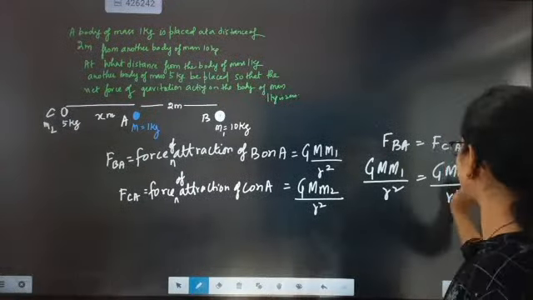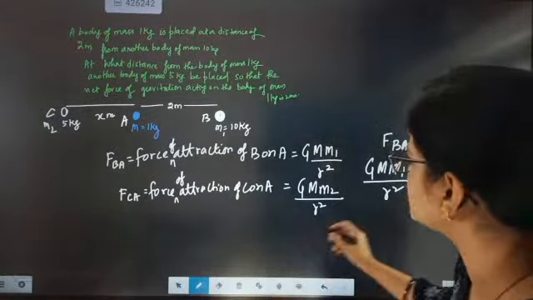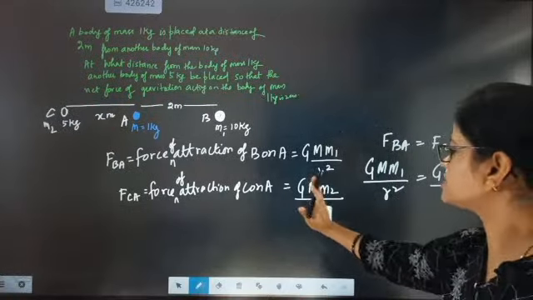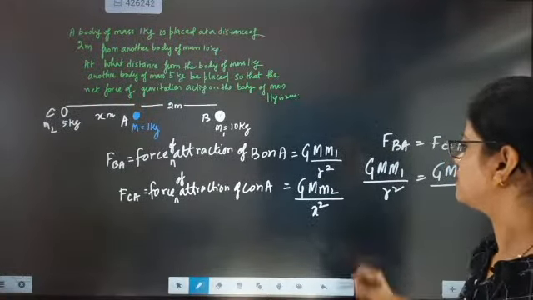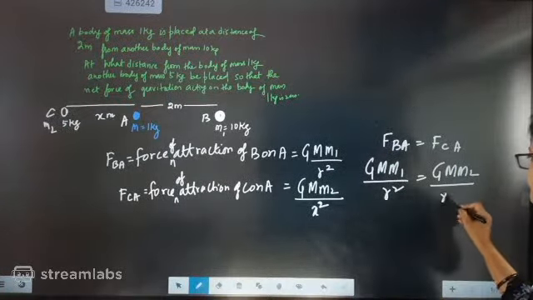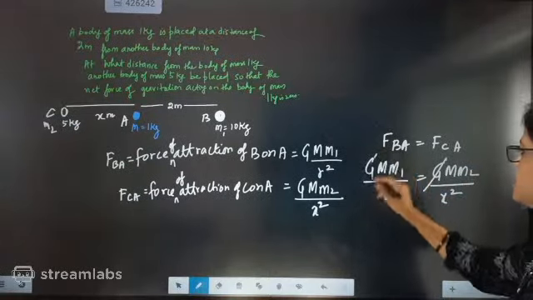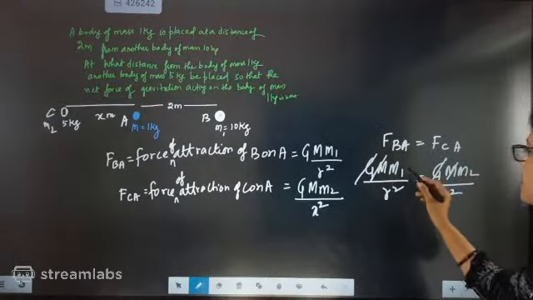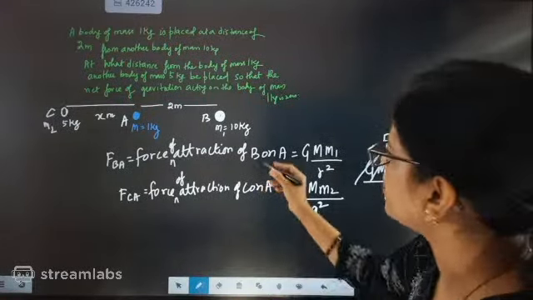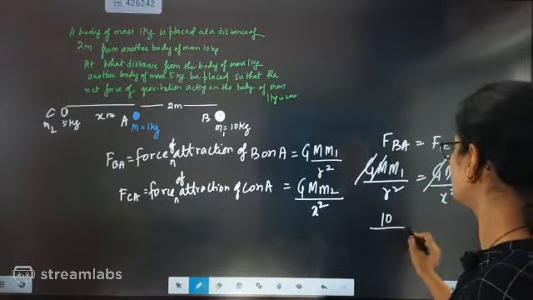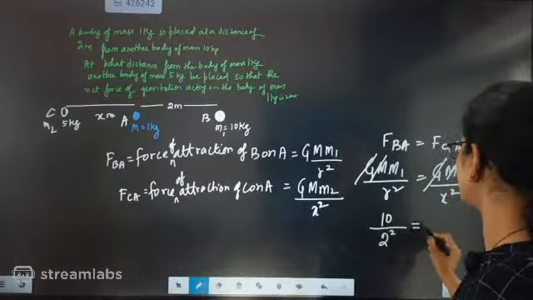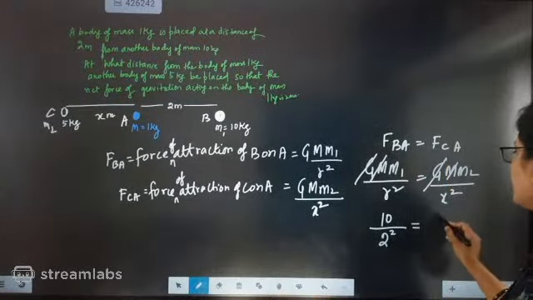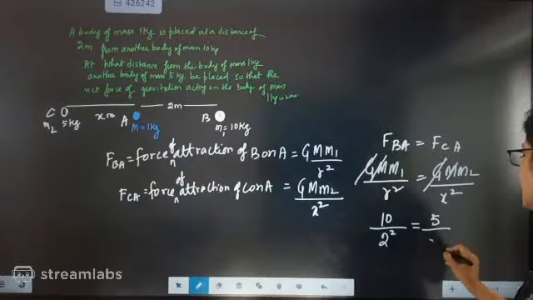So m1 part is over 2 square, and the m2 part is over x square. G M cancels. m1 is 10 kg, distance is 2 square, equal to m2 which is 5 kg, over x square.